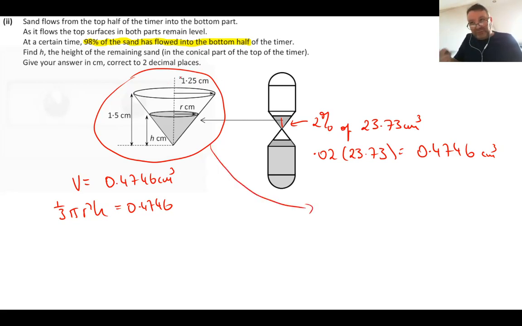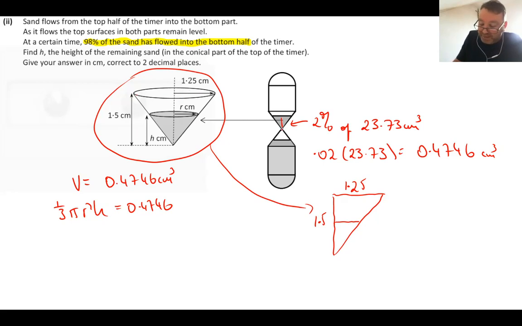And again, something from your junior cert, if you remember back, there was this idea of similar triangles. So if you just take what's in this part of the diagram here, we have 1.25, and here we have 1.5. See that? So 1.25 at its widest, 1.5 at its highest.